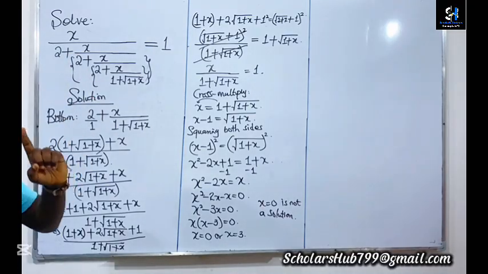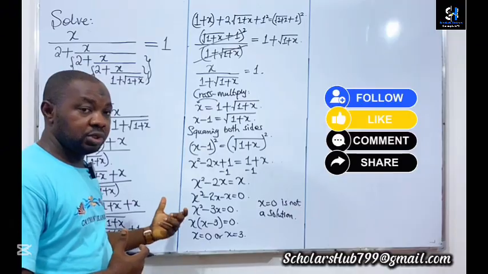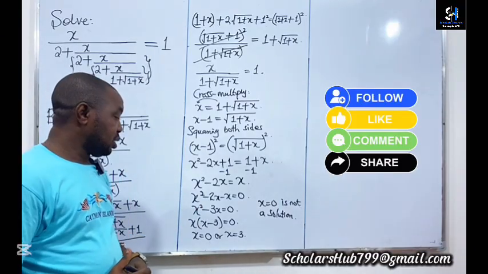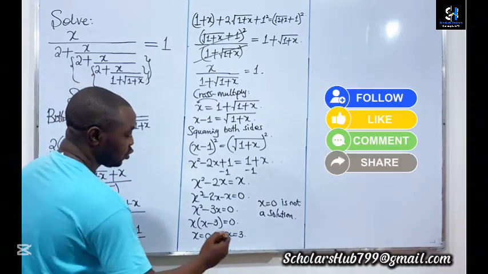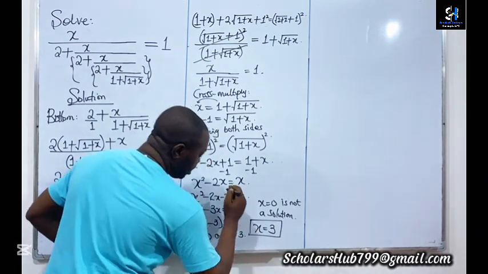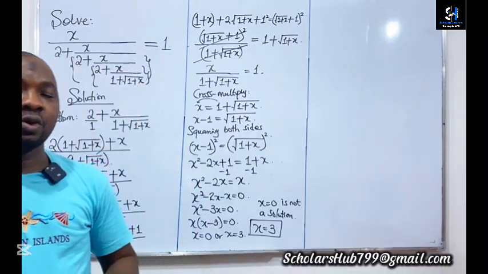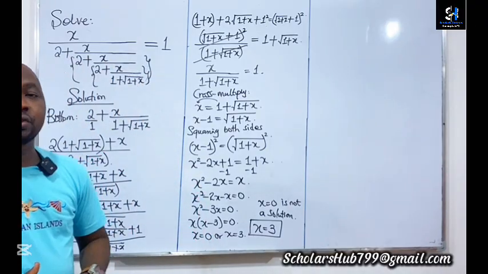So the only value of x which is the true solution to the question is x equals 3. So the answer to the question is: the value of x is equal to 3, because that is the only true solution.